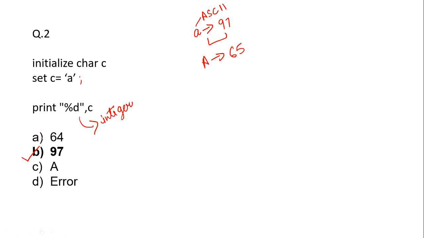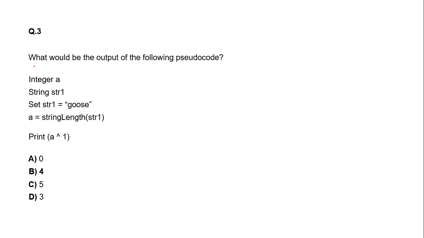Let's see the next question now. Here the question is, what would be the output of the following pseudocode? Integer A, string str1, set str1 equal to goose, A equals string length of str1, then print A XOR 1. So what is the length of str1?